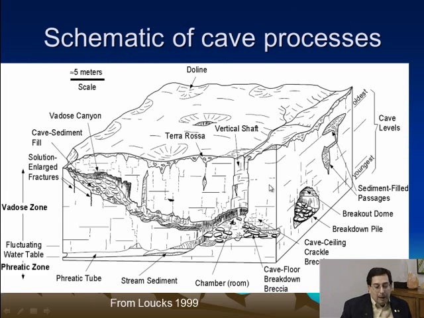This schematic by Bob Laux, I think, is going to help elaborate some of these concepts. What we see here is a karst surface, and this could easily be the Knox unconformity or the Sauk-Tippecanoe surface.